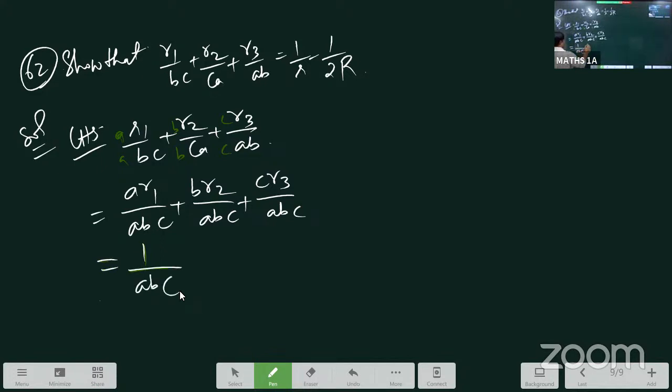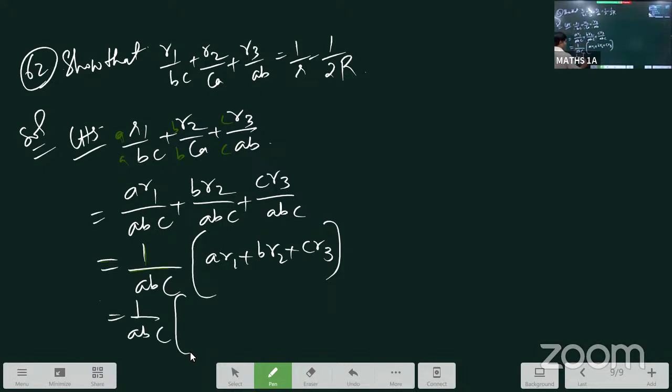1 by ABC as it is, take LCM and write it outside, and this is your numerator. Now, 1 by ABC, why say you keep it like that? This I will put in summation AR1. What does the summation AR1 mean?